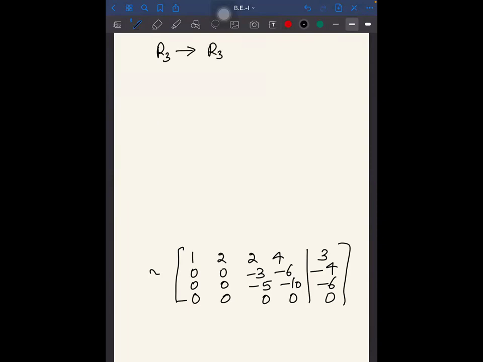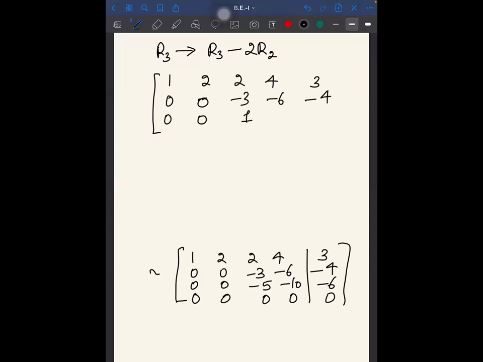Operate on R3. R3 minus 2 times the R2. So that will be 1, 2, 2, 4, 3, and then you'll have 0, 0, 0, minus 3, minus 6, minus 4. So that will be 0, 0. And if you have minus 6, it will become plus 6.